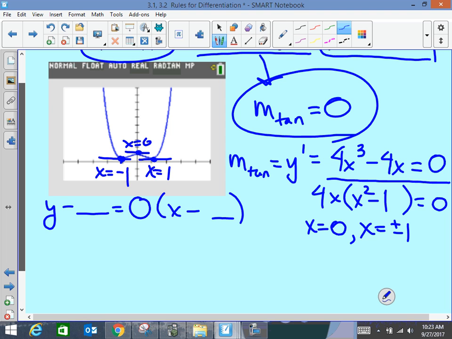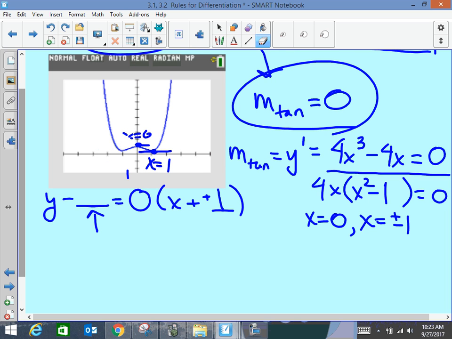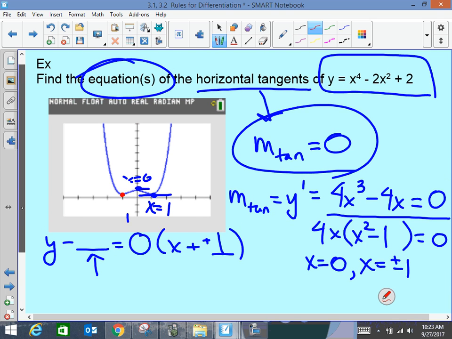All right. Let's go with the one on the left, -1. Okay, what's the y value? Where are we going to get that? That is not at 0. This ordered pair is not -1, 0. So how would we find it out? Plug it into what?